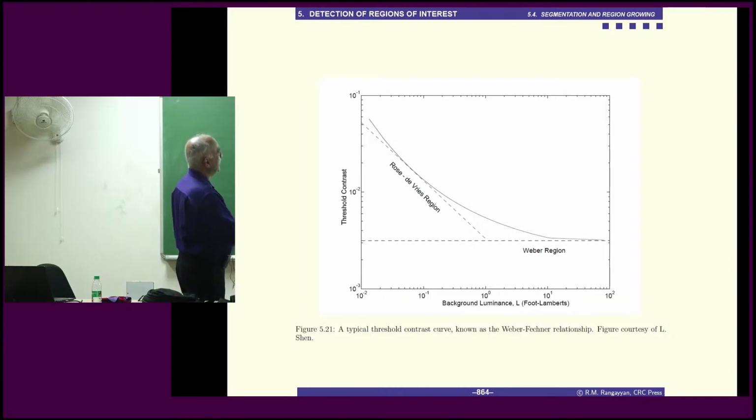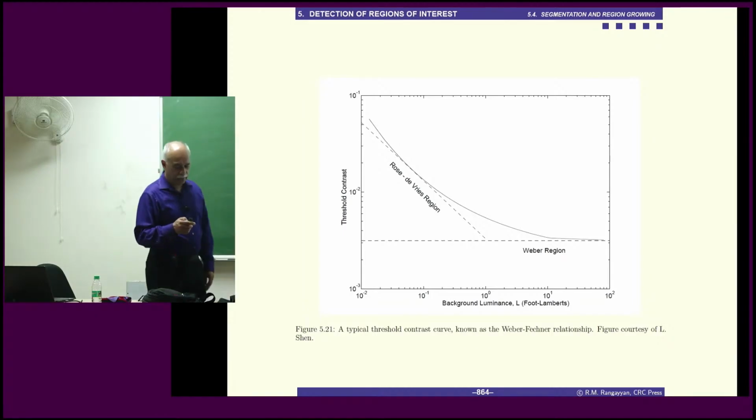But before that, there is the Rose-de Vries region, in which the threshold increases as the background luminance decreases. So there is this region where there is a variation in the threshold contrast, and after this, the Weber region starts where the threshold is approximately 0.02.